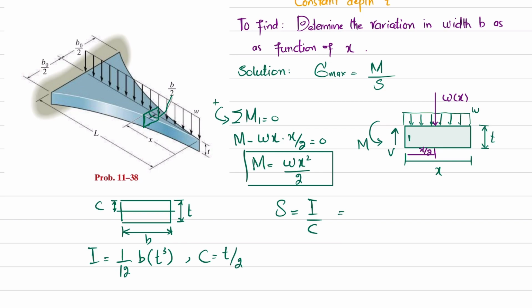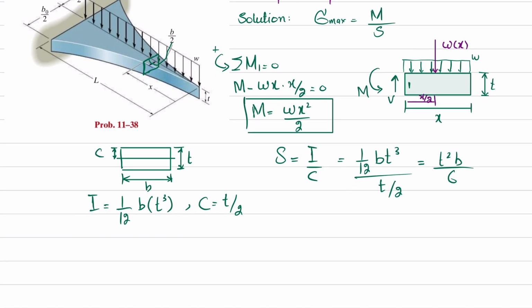So you can just put it over here: 1 over 12 B T cube divided by T divided by 2. It will give you T square B divided by 6.